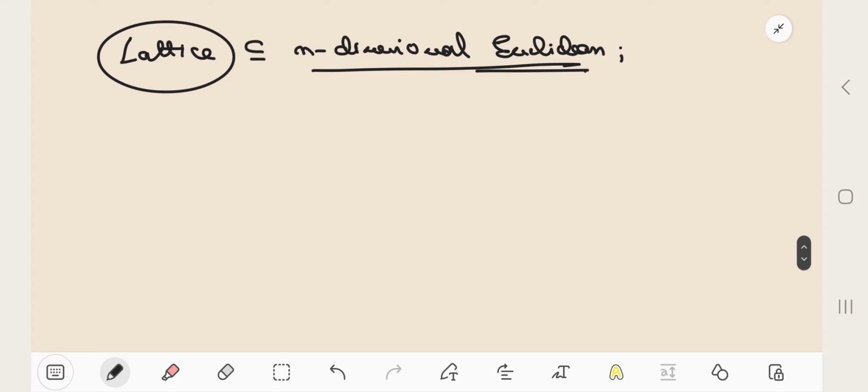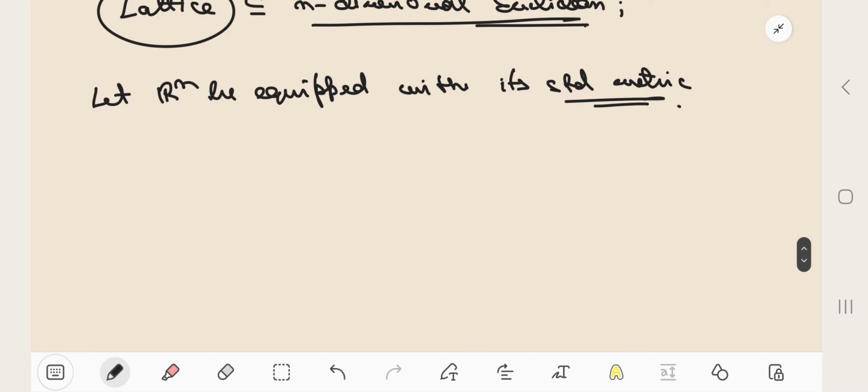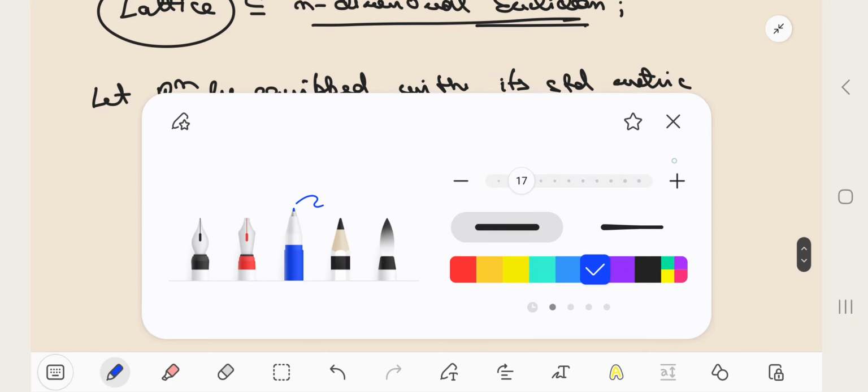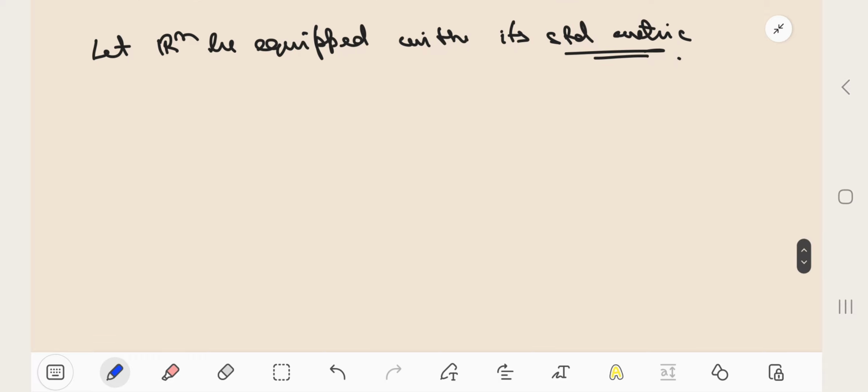Okay. So let Rn be equipped with its standard metric. What do we typically mean by its standard metric? This is a generalization of the distance between two vectors which we usually study in vectors at school level.